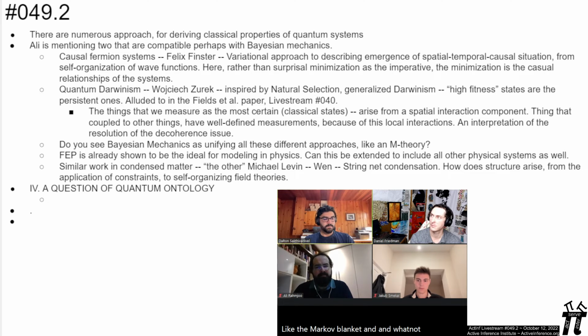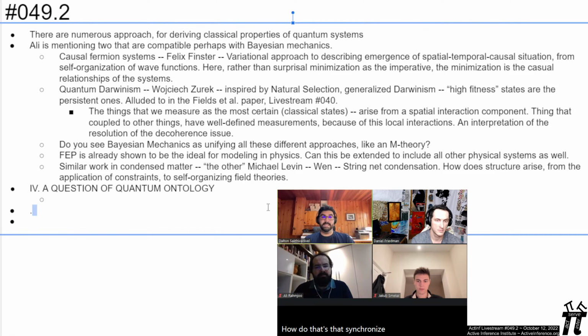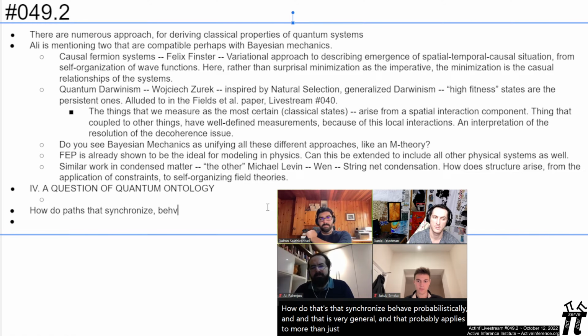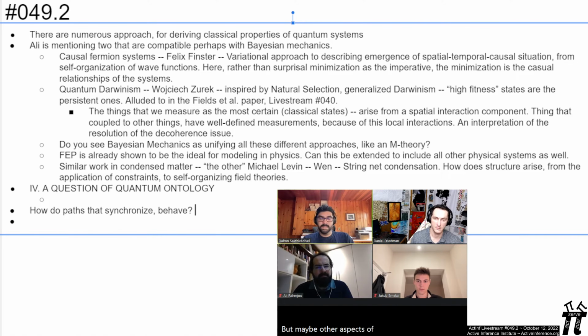But there is probably remit to generalize this even further to something that is purely about how paths that synchronize behave probabilistically, and that probably applies to more than just conventional classical statistical physics, but maybe other aspects of quantum mechanics and condensed matter theory and so forth.